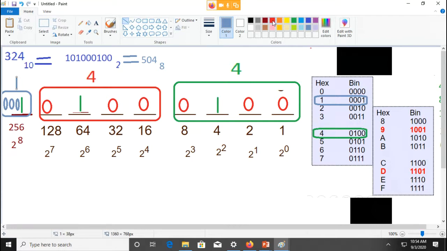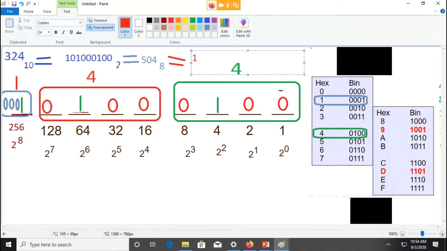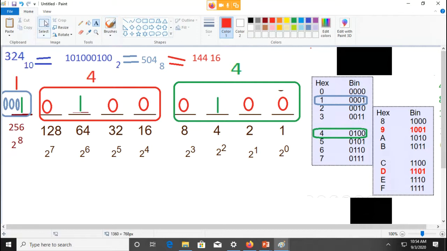So when we look at this, in hex, the number 144 base 16 is equal to 324 in decimal, or 1010010 in binary, or 504 in base 8.